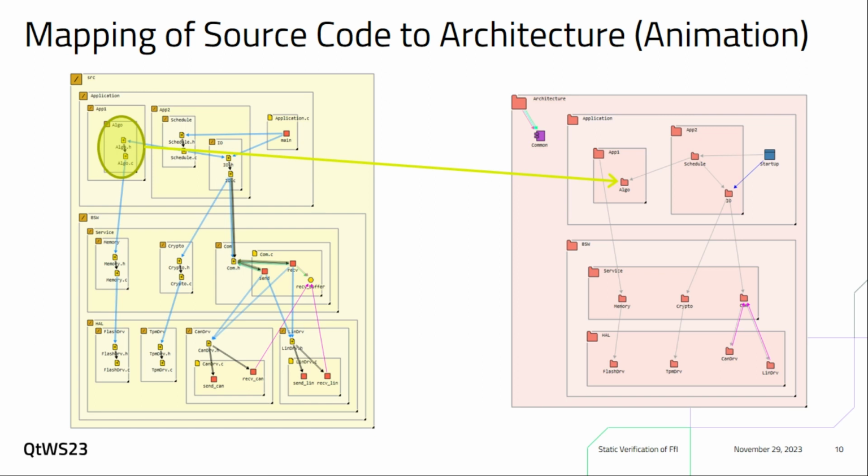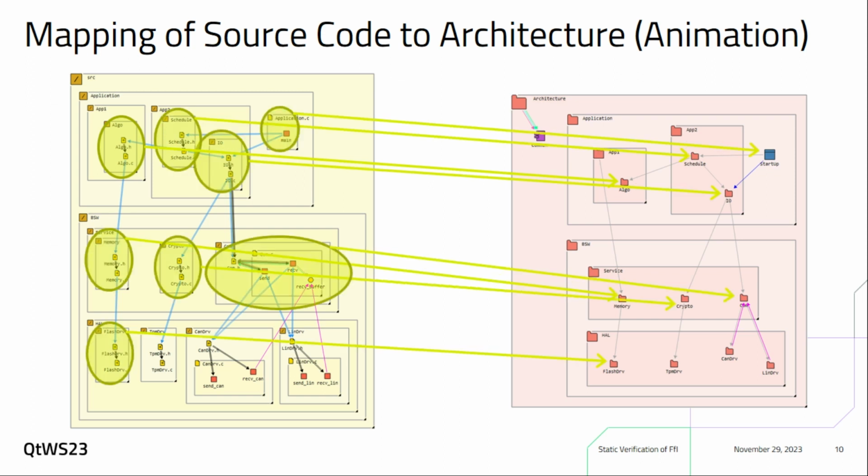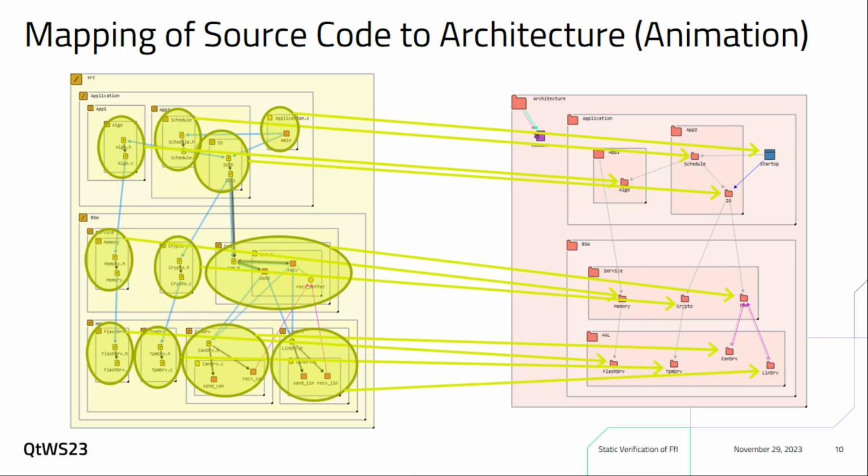This implementation inside of the algo directory implements exactly what is designed here in this architecture node algo. And we do that for all of the pieces in the architecture, and then we have a mapping from source code to the model.